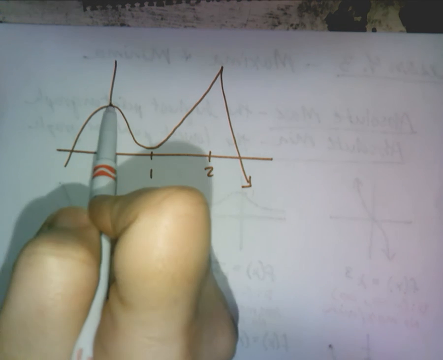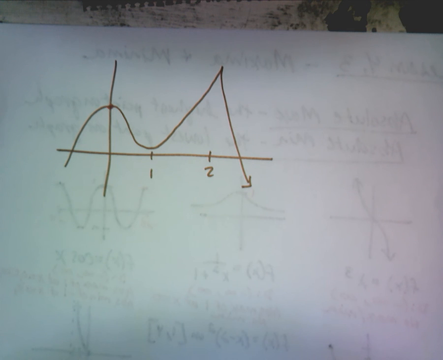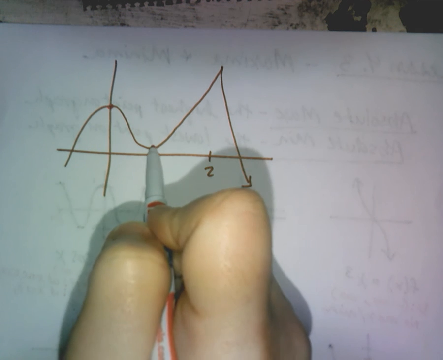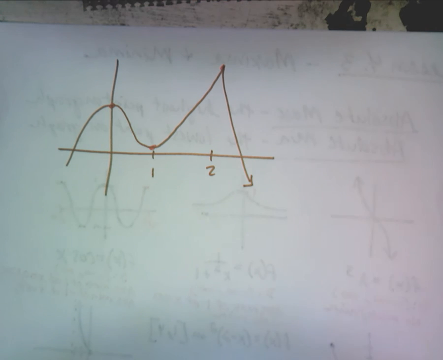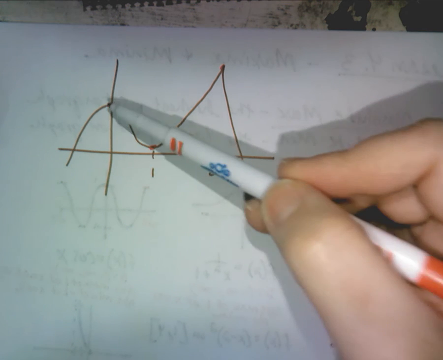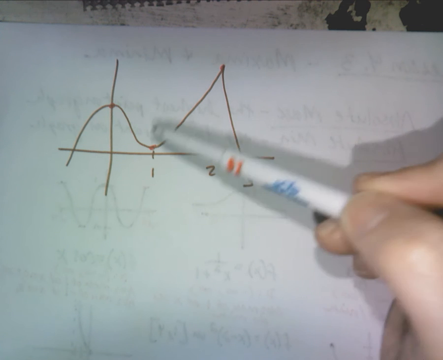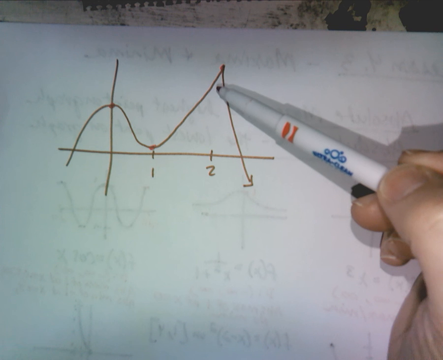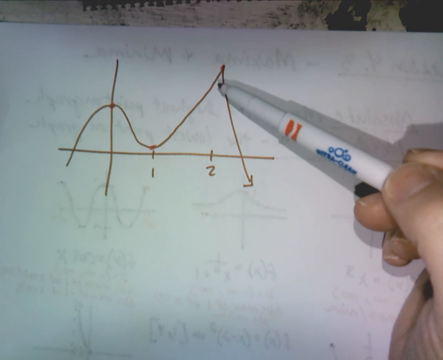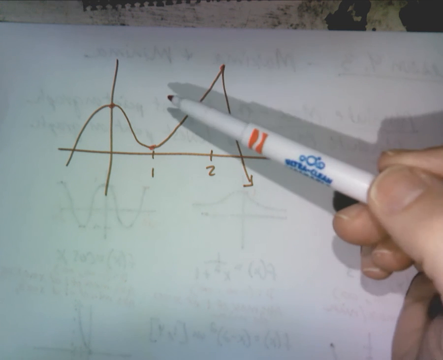Is this my absolute max? No. Is this an absolute min? Is this an absolute max? Yes. Okay. However, these have slopes of 0. Agreed? This one, though, we've talked about this before, this is called a cusp, and we can't take a derivative of it. So there are some other things happening here.